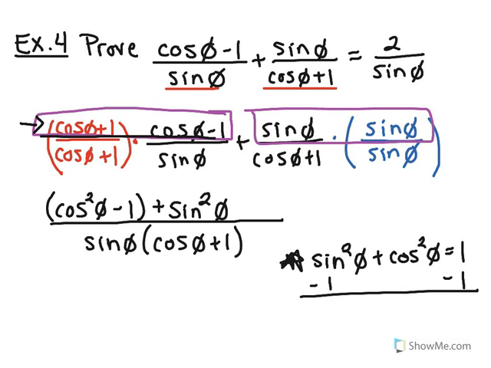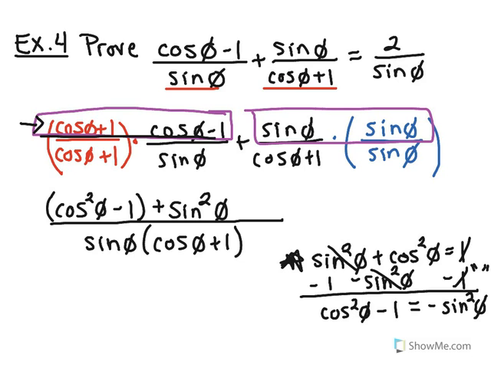At the same time, I'm going to subtract sine squared phi from both sides as well. So on the right-hand side, the 1s would cancel, and all I would be left with is negative sine squared phi, because now these cancel. And on the left-hand side, I have cosine squared phi minus 1.